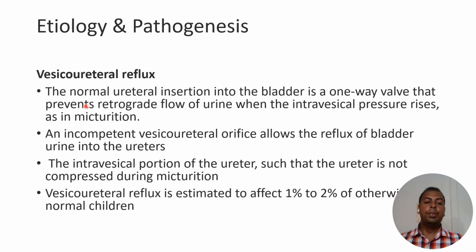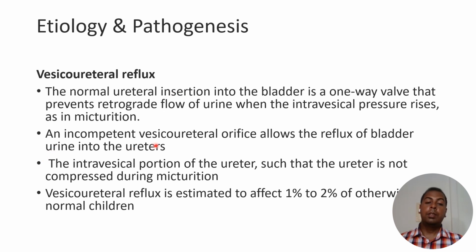All right, so vesico-ureteral reflux is commonly associated with acute and chronic pyelonephritis, so it's worth talking about this a bit. The normal ureteral insertion into the bladder is a one-way valve that prevents the retrograde flow of urine when intravesical pressure rises during micturition. So when someone passes urine, the bladder pressure increases to expel urine. Usually, this should compress the ureter to prevent the backward flow of urine back into the ureters.